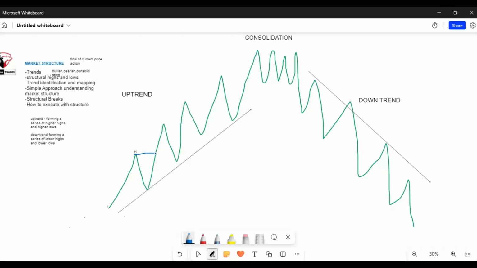When price does this, then price has done what you call a break of structure, or we term it a BOS in most books, videos, and chart work. We call it a BOS, right?